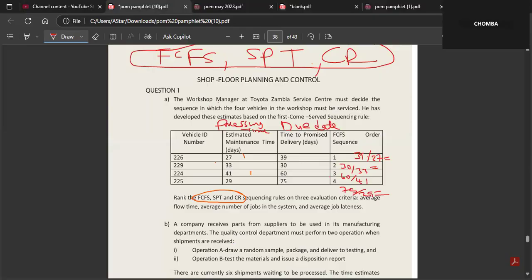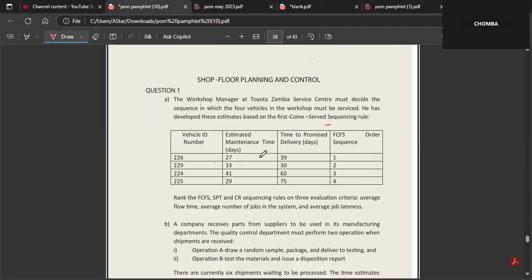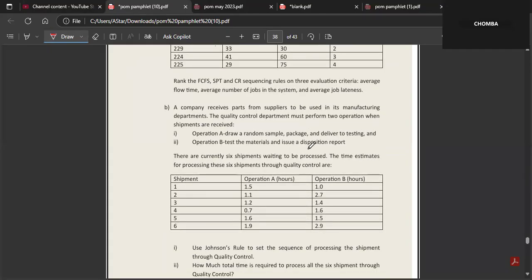The question says, after we have done what the examiner wants here, what next are they asking for? We evaluate by using those criteria, and then you need to rank these ones for these criteria. Now you need to recommend a sequencing rule.